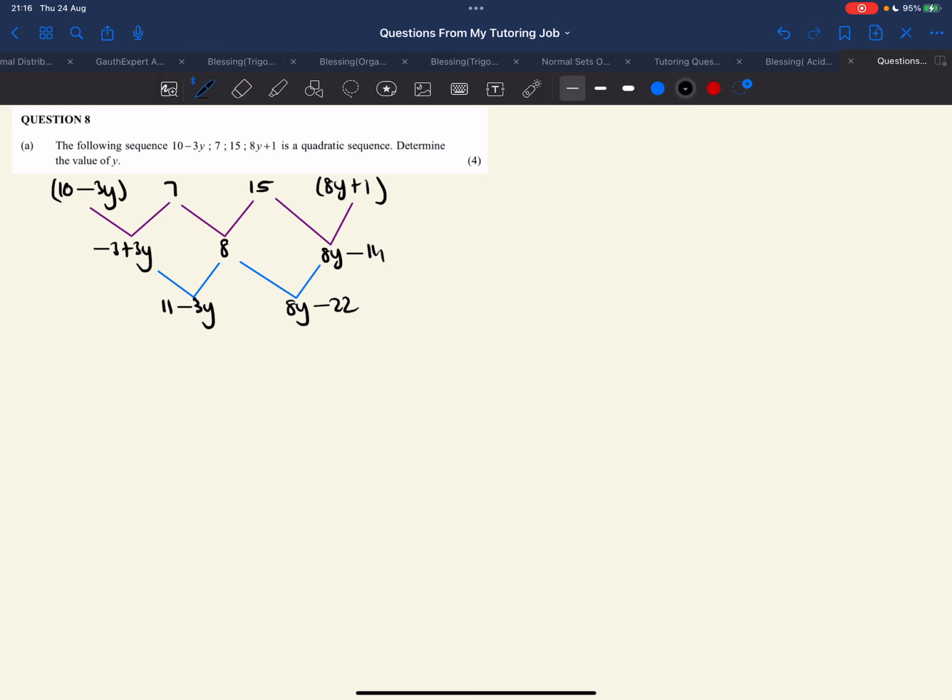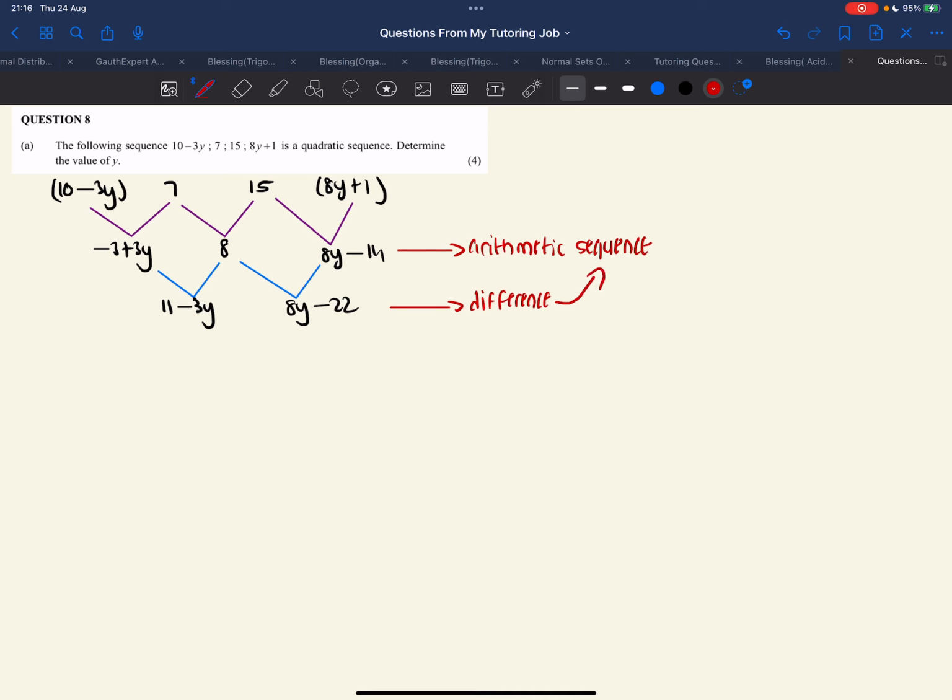Now what I need you to know, according to the properties of a quadratic sequence, is that the first difference of a quadratic sequence gives you an arithmetic sequence.